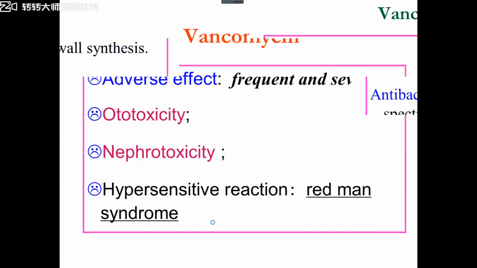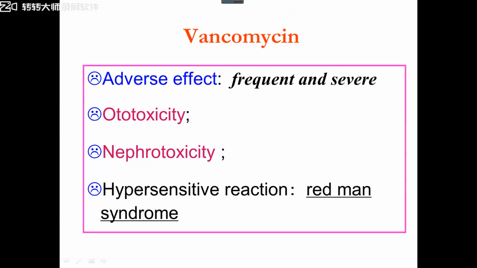Vancomycin, as I said, is the last antibiotic because this drug has the most serious adverse reactions, frequent and serious, including ototoxicity and nephrotoxicity.